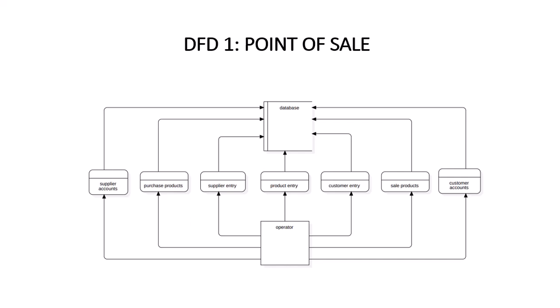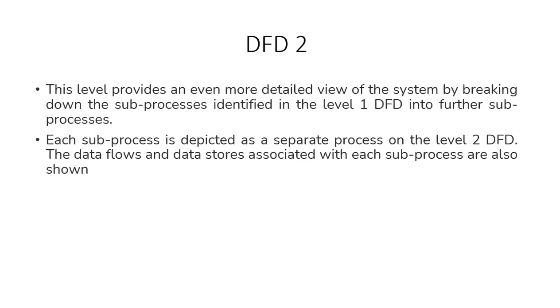Now we extend DFD 1 into DFD 2. This level provides an even more detailed view of the system by breaking down the sub-processes identified in level 1 of the DFD into further sub-processes. This means we go into very concrete detail.